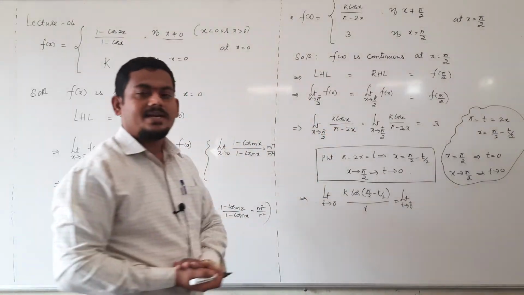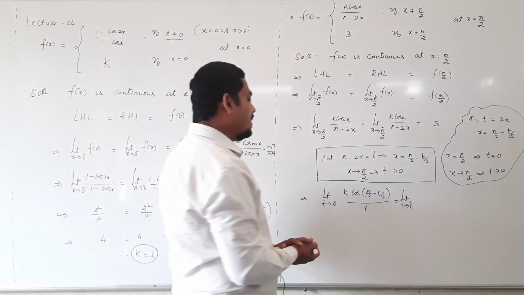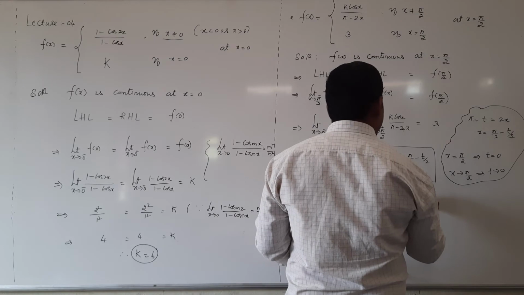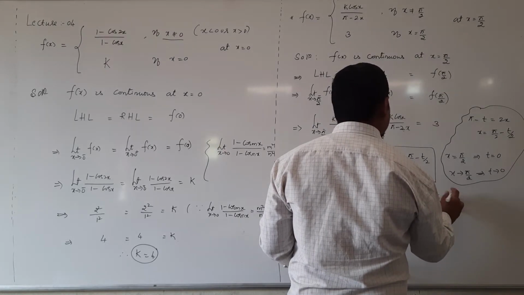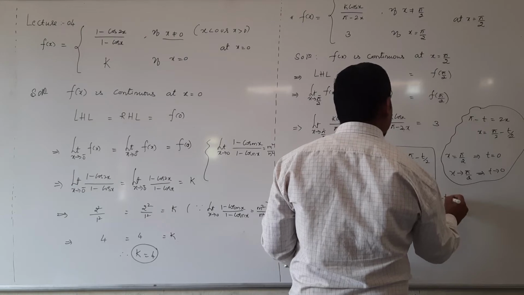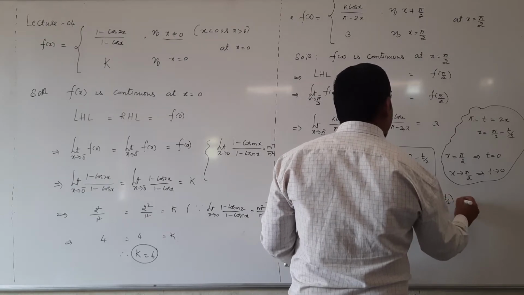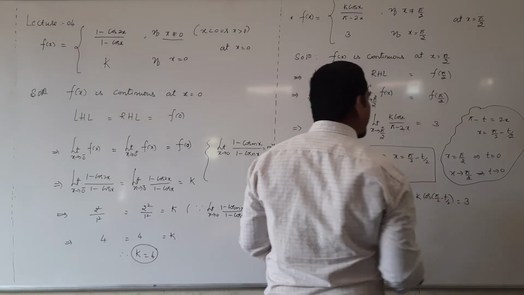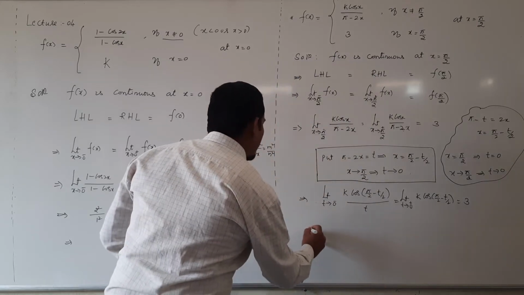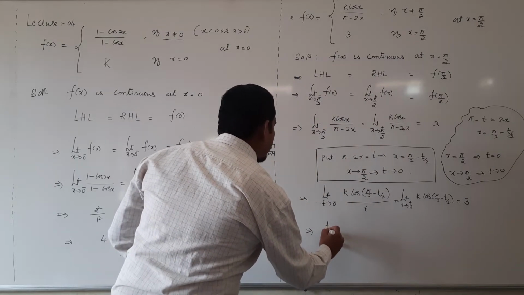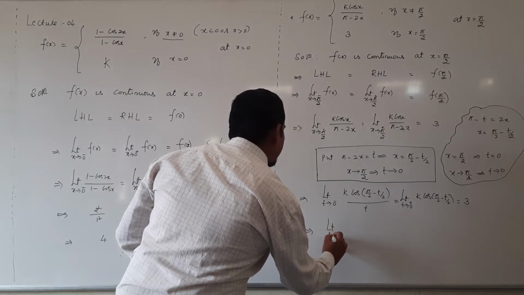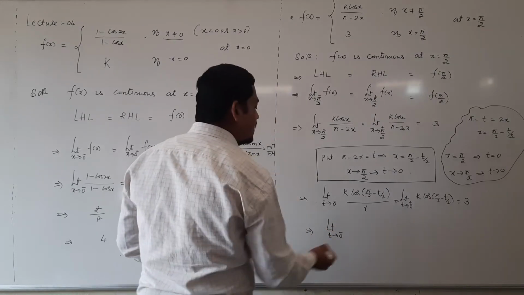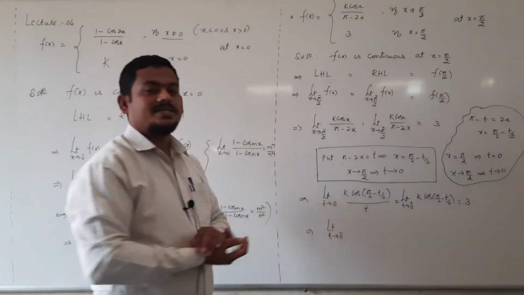Convert the given limit in terms of t. Limit t tending to 0 plus k into cos of pi by 2 minus t by 2 equal to 3. Now, limit t tending to 0 minus, what is cos of 90 minus theta?